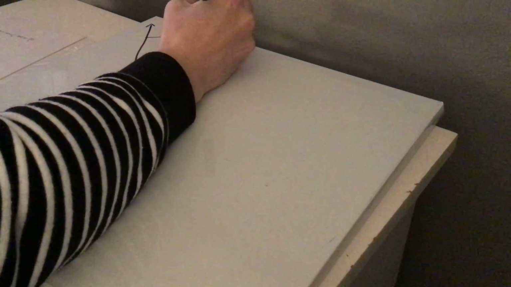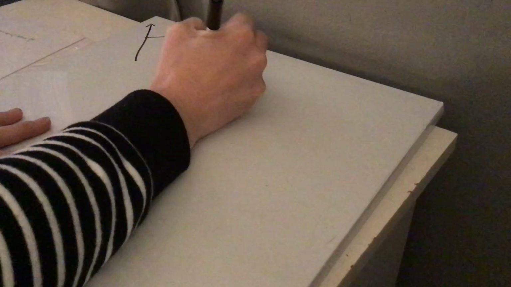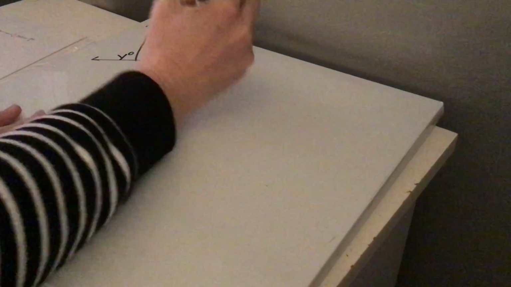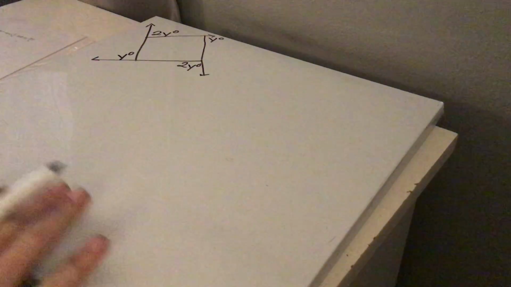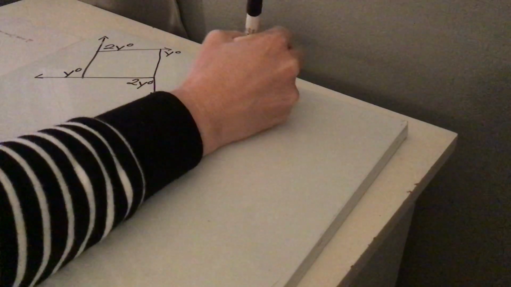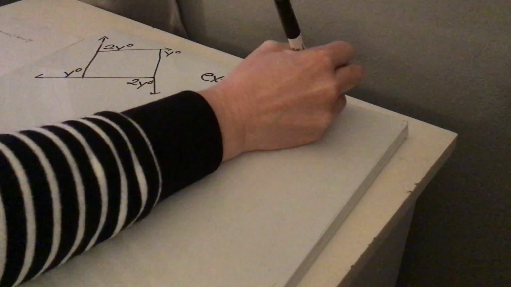Exterior, always add up to 360 no matter how big. Okay? So I have this figure. This is y degrees, 2y, y, and 2y. We want to find the value of y. Okay, so these end up being exterior angles. So we know that the exterior add up to 360 degrees.